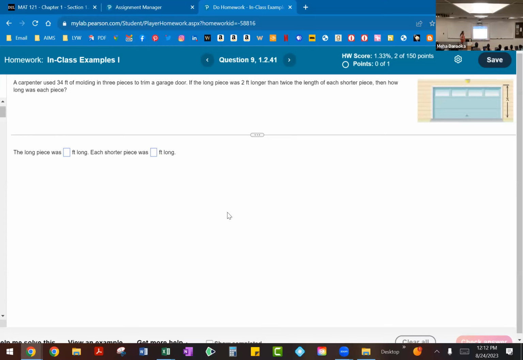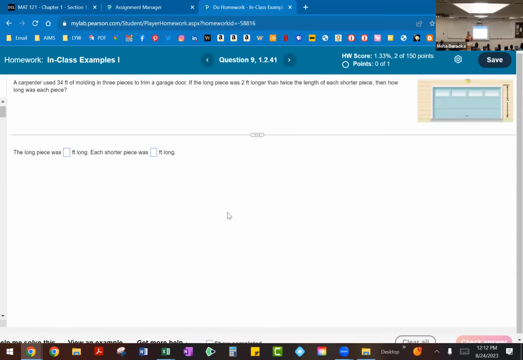So the long piece was 2 feet longer than twice the length of each shorter piece. Find the length of the long piece. And you can see in the image, and that might be a little bit hard, but on the shorter side, they're kind of giving you the unknown variable. So your shorter side is X.